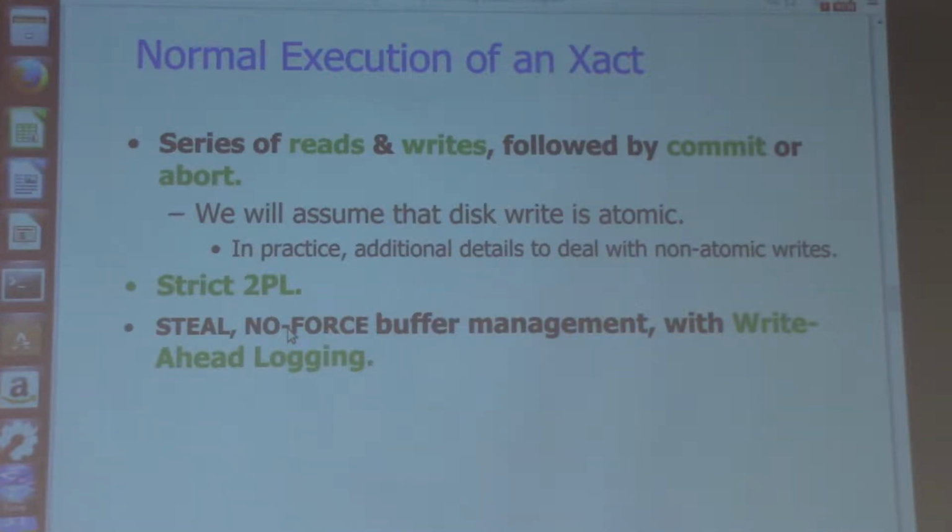And when a transaction is trying to commit, the lastLSN of the transaction from the TT table must be less than or equal to the flushedLSN.